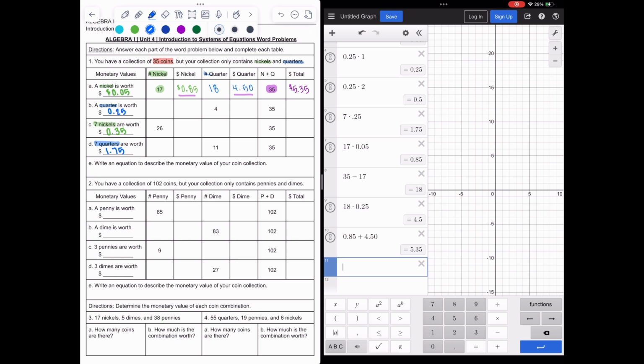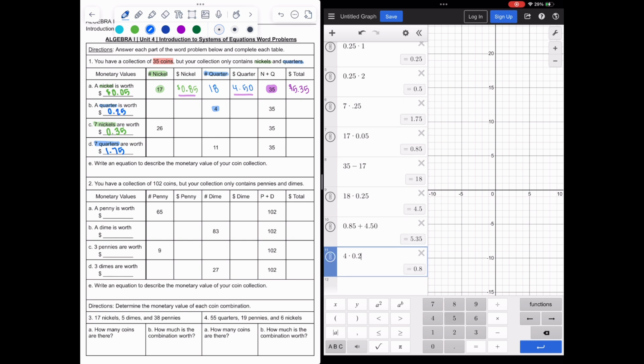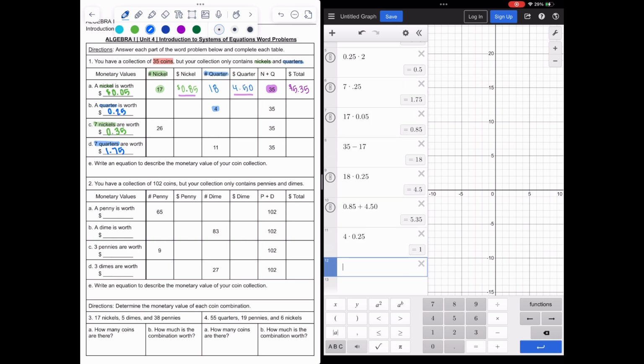In the second row, you're given the quarter first. So in the last problem, we were told there were 17 nickels in our collection. This time, there are 4 quarters in our collection. So you have to determine what's the monetary value of 4 quarters. Well, 4 times 0.25 gives me $1.